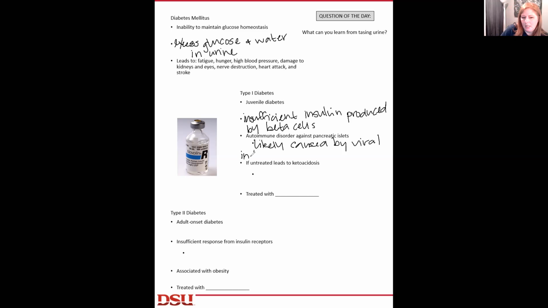It's believed that a virus of some sort started it. To say that it was caused by a virus, it's more like the virus's presence triggered it, because this is autoimmune, and autoimmune disorders do have rather strong genetic links.